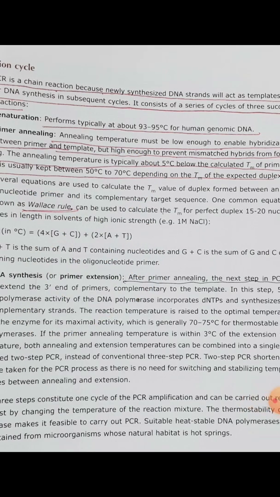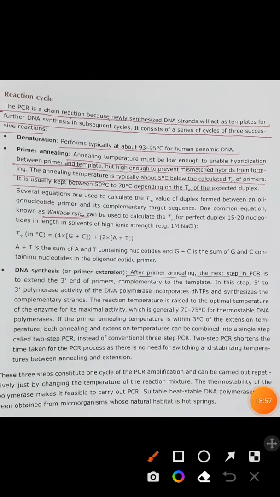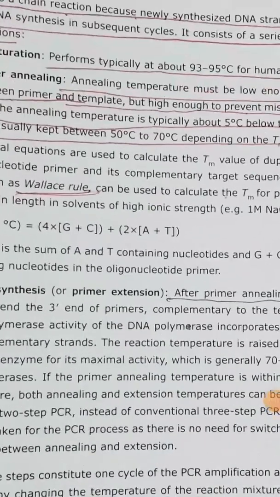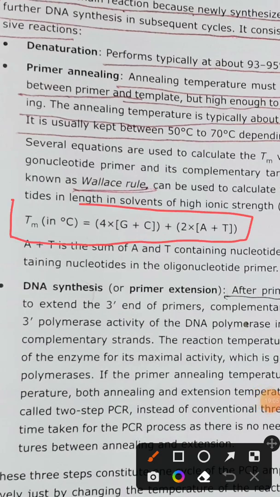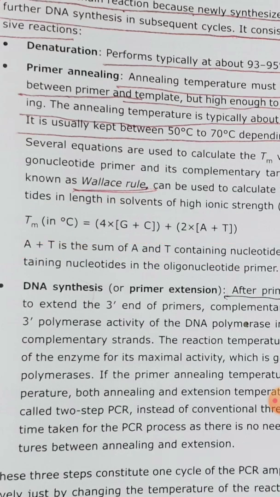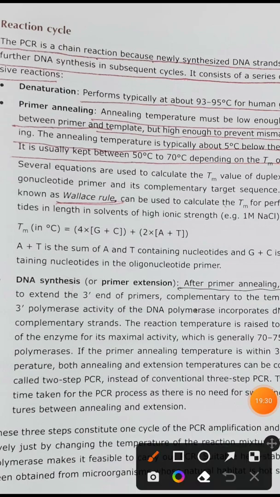So we can prefer Wallace's rule for our process. The rule is: Tm in degrees centigrade is equal to 4 times G plus C plus 2 times A plus T. Here A plus T is the number of A and T containing nucleotides, and G plus C is the number of G and C containing nucleotides of the primer. Remember, not the duplex. A plus T and G plus C are only the numbers of nucleotides in the oligonucleotide primer. You have to keep this in your mind.